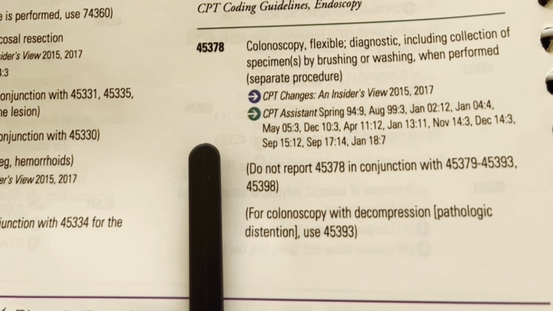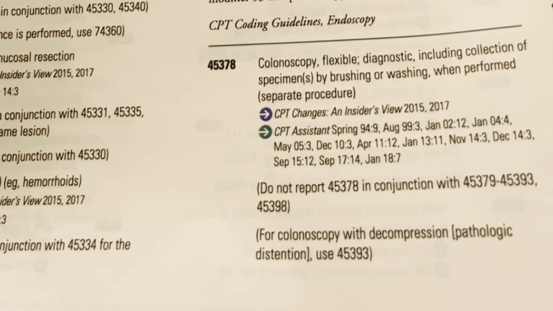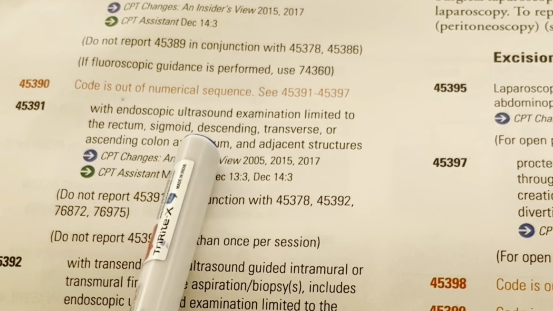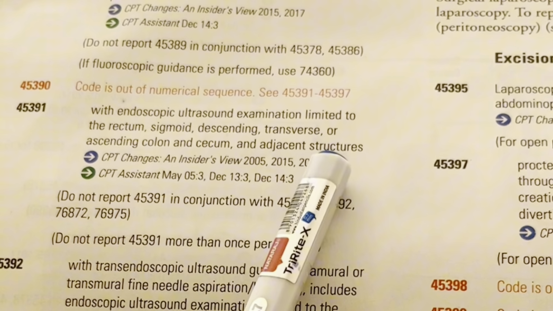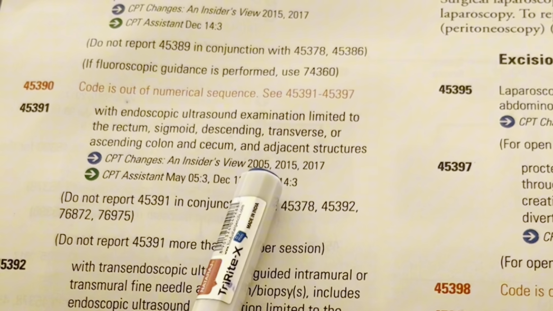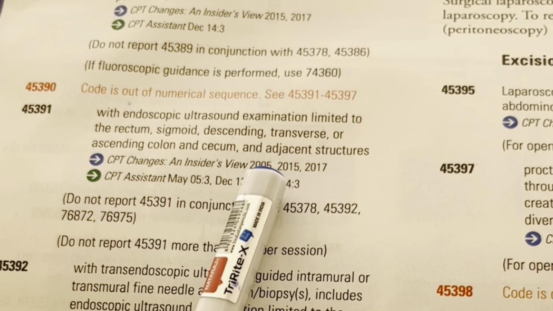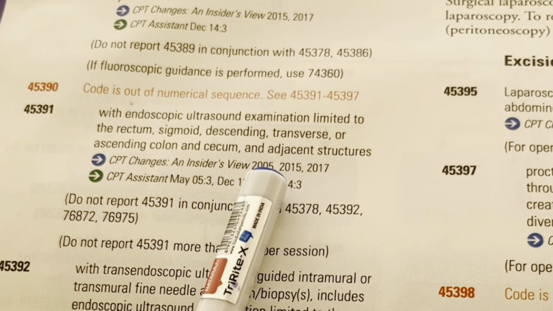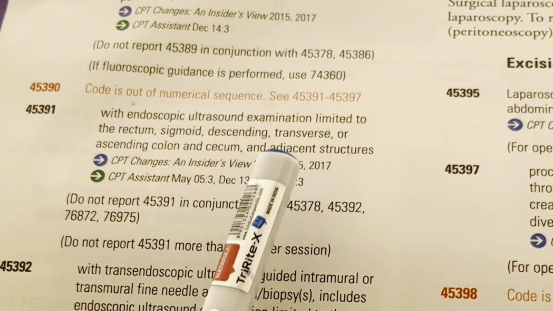What is 45391? Option 45391 is colonoscopy with endoscopic ultrasound examination limited to rectum, sigmoid, descending, transverse or ascending colon. No, the doctor has discontinued the procedure. The doctor didn't reach till the cecum. So this will not be the answer.